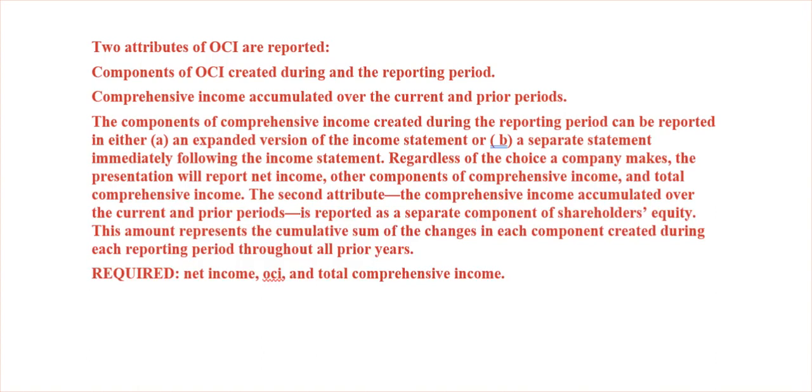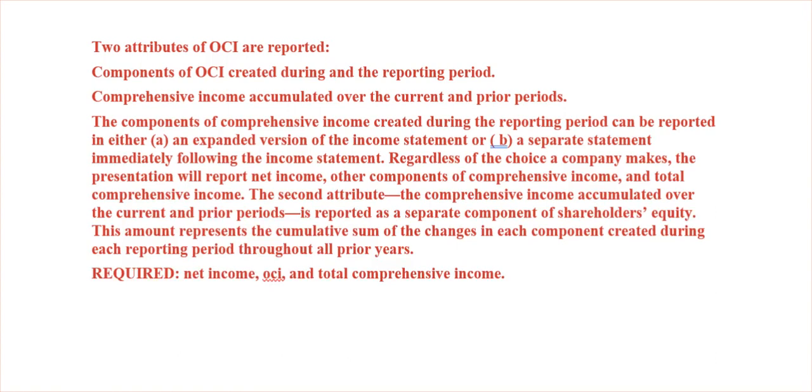The second attribute, which is the accumulation, which is AOCI, needs to be reported as a separate component of shareholders' equity, and it will represent a cumulative sum of the changes in each component which were created during each reporting period throughout all the prior years.